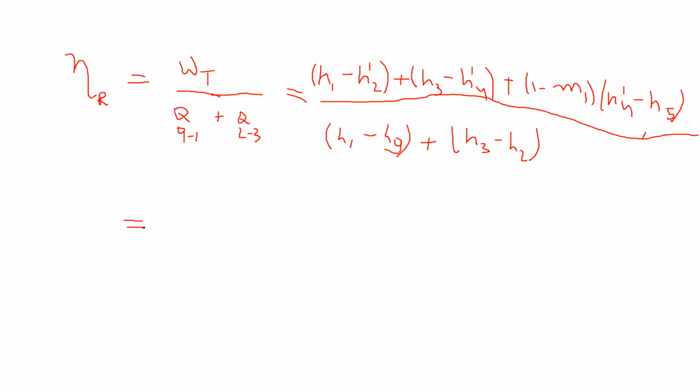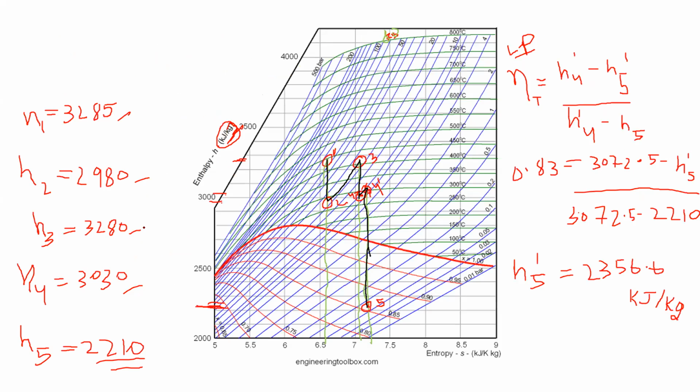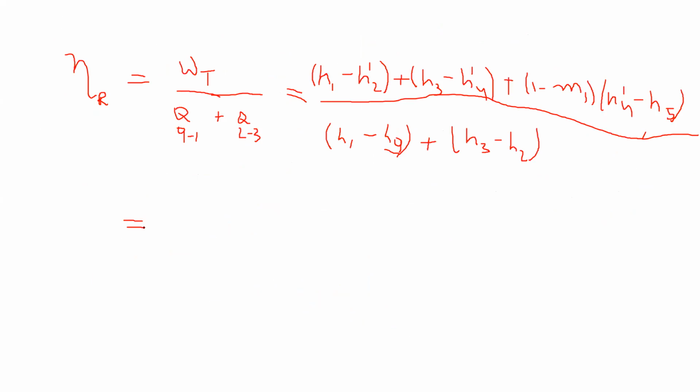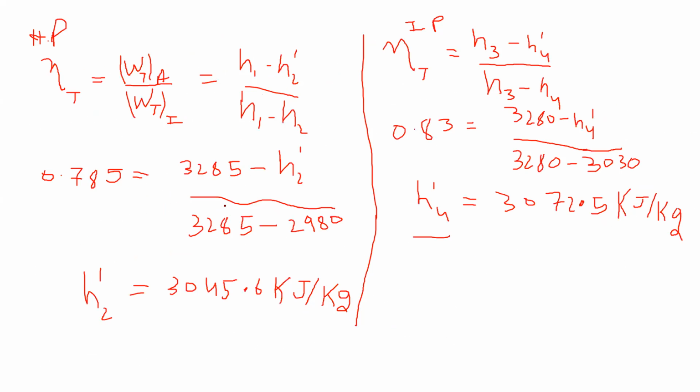What is the H1 here? H1 is 3285. Put the values in this equation: 3285 minus H2 dash.